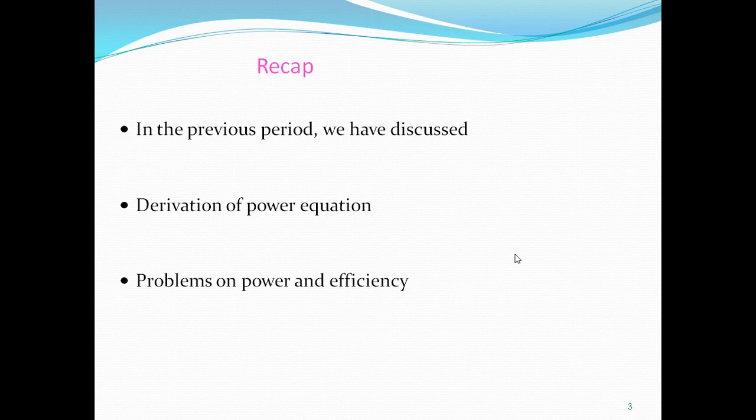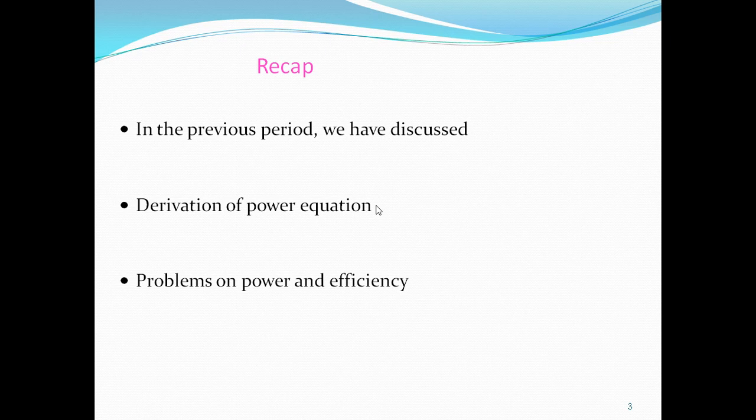The other part is the mechanical power developed at the shaft, Pm, whose value is equal to Eb, the back EMF, into Ia, the armature current, into cos of the angle between these two, that is alpha minus phi. We derived that in the previous class.